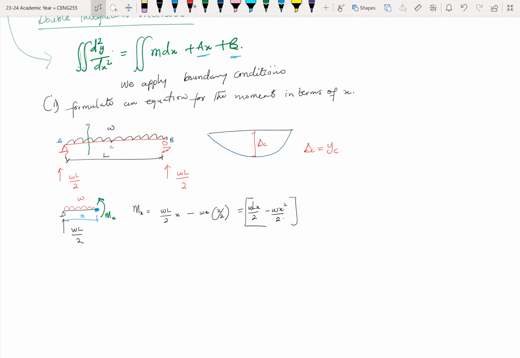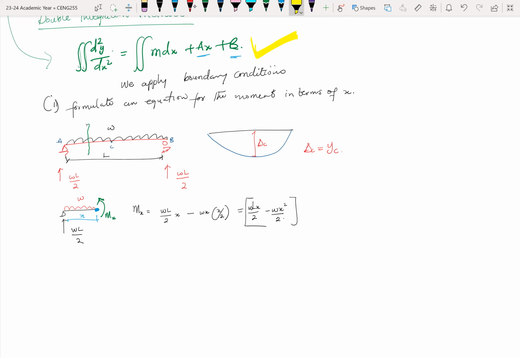Now take the double integration equation, and wherever you see M, you input your WLx over 2 minus Wx squared over 2 equation, then you can do your integration. We want to find the deflection, which means we have to integrate twice.